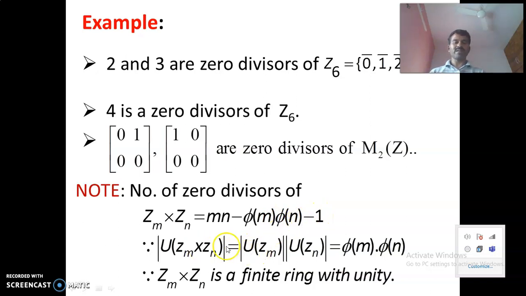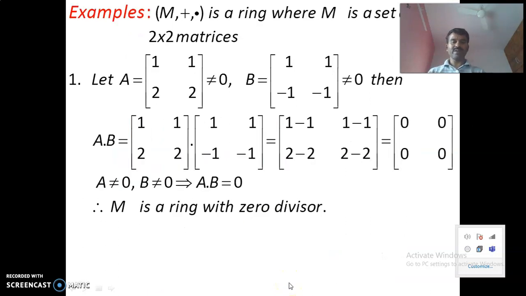Because if you take the union of these two, it is nothing but the magnitude of each individually, so that is phi of m into phi of n. Since Zn is a finite ring with a unity.